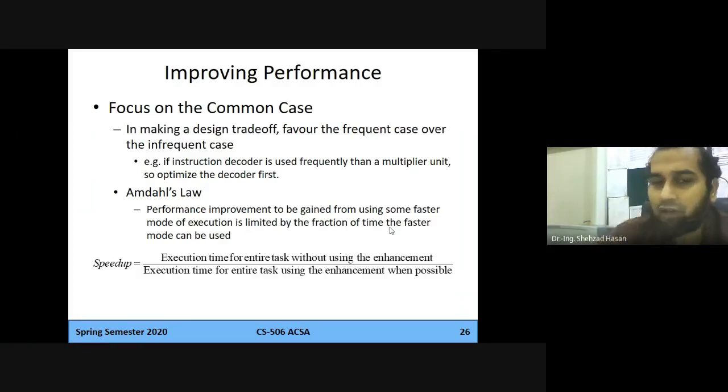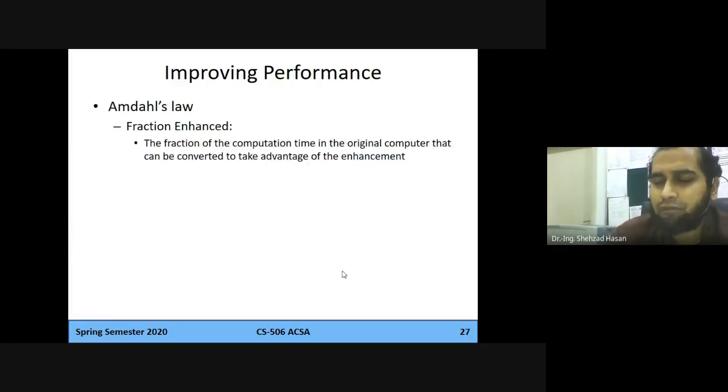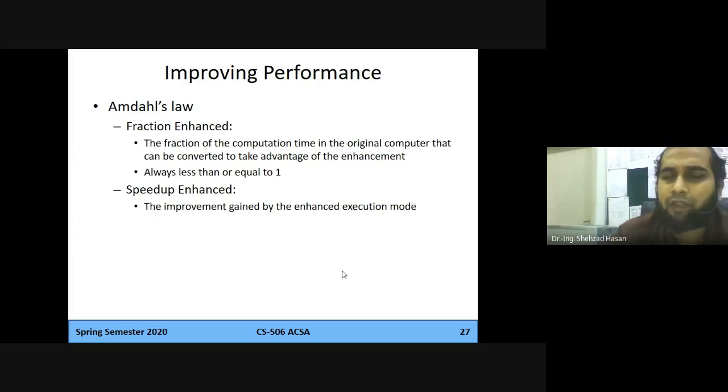Normally when we talk about speed up, we talk about a comparison of time: execution of tasks without enhancement over execution with enhancement where possible. In Amdahl's law, we have two terms: the fraction enhanced and the speed up enhanced. The fraction enhanced is the fraction of computation time in the original computer that can be converted to take advantage of the enhancement.